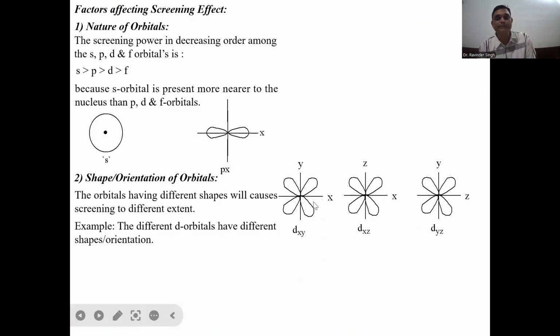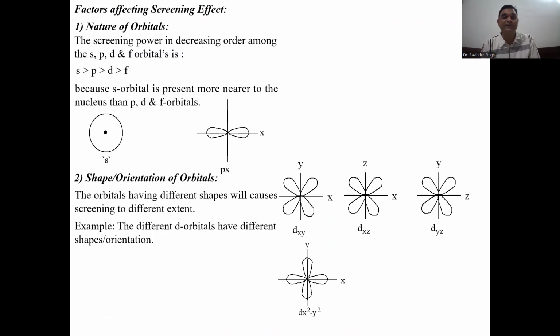In dxy, the two dumbbells are present between the x and y axes, while in dxz, the two dumbbells are present between the x and z axes, while in dyz, the two dumbbells are present between the y and z axes. So they differ in orientation. All three have the same shape, but different orientation. As they have different orientation, they will have different screening effects.